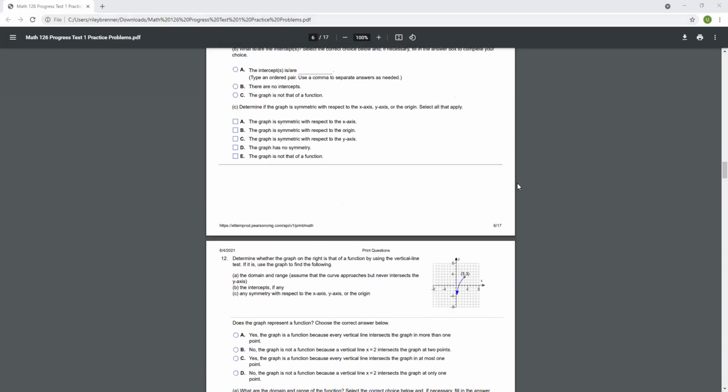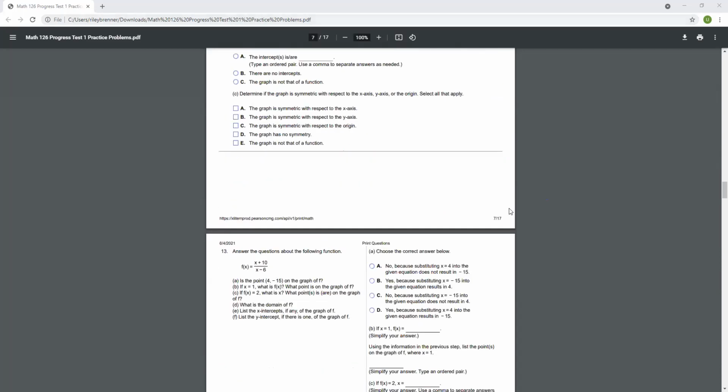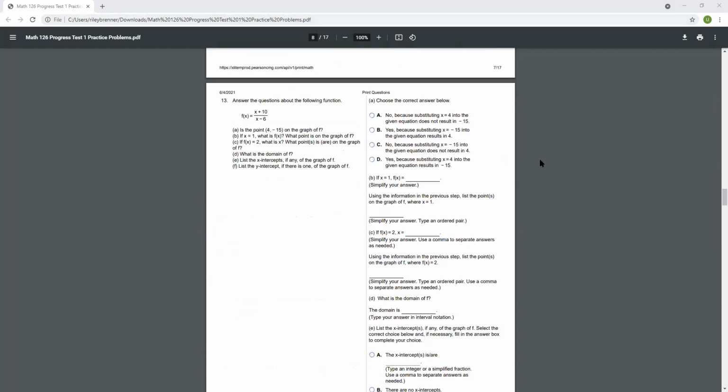Okay. Same process and with a very similar problem. Now with this one, it just wants you to follow through and answer all of these questions. So you're just verifying this stuff. Like in part A, you want to know if (4, -15) is on the graph, which just means you would need to verify that when you do f of 4, it equals -15.